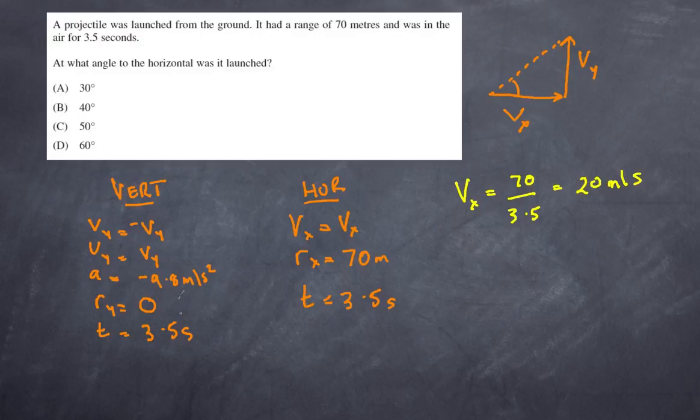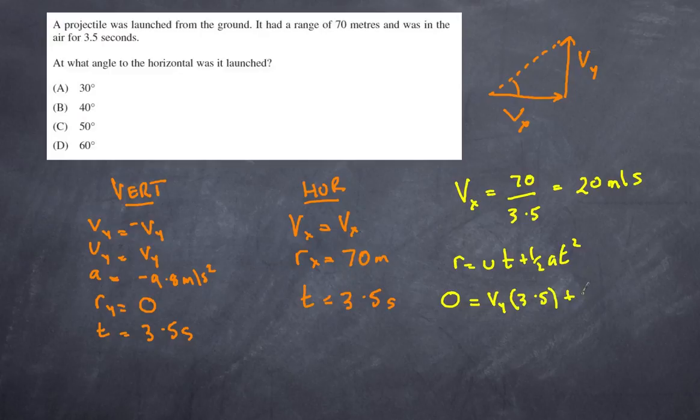Now, if we look at the vertical, the best way to do it is using r is equal to ut plus a half at squared. If I'm substituting everything in, you can see I get 0 is equal to u. Now, remember, we're looking for this, so this is going to be equal to our Vy multiplied by 3.5 plus a half by a.